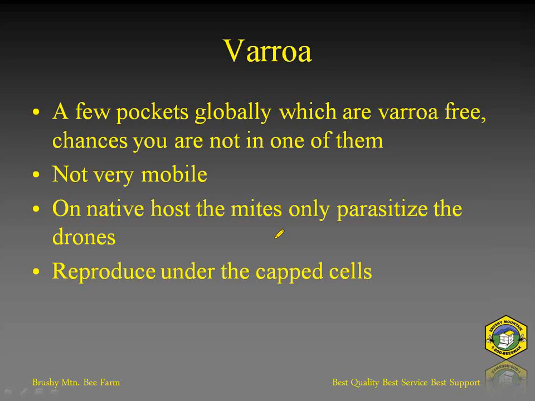The good news is that varroa, in terms of how they move around in the hive, are not very mobile. Now, they are mobile in terms of spreading from hive to hive. So even if by chance you happen to get a varroa-free colony, maybe you got a package and you saturated that package with sucracide before installing it and killed off any varroa that might be on those bees, what's going to happen, and they've proven this does in fact happen, even though it seems rather unlikely, is your bees are going to go out and seek nectar.